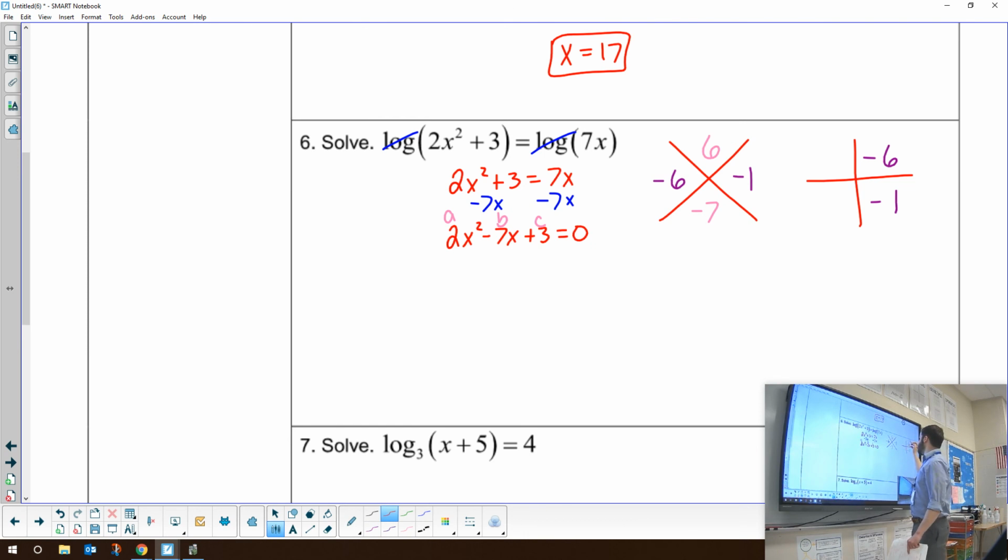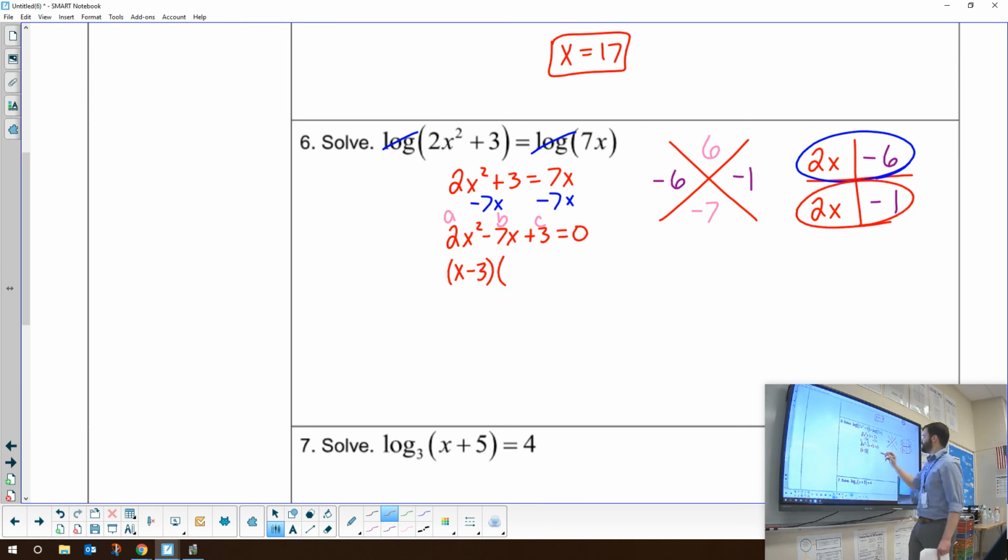Then we write over a, and my a is 2, so we're going to go over 2, over 2. Now, we simplify if we can. This 2x minus 6 can simplify to become x minus 3. And this 2x minus 1 cannot simplify, so it's going to stay 2x minus 1 equals 0. Then I have my two factors.